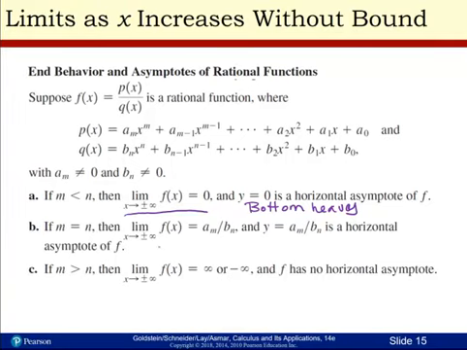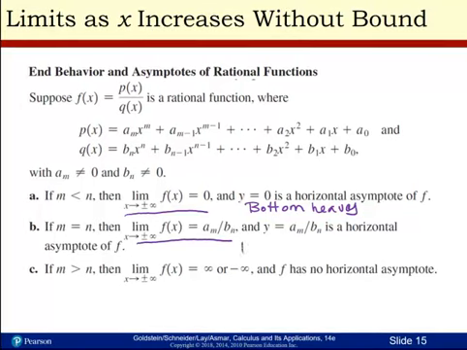I call this an evenly balanced function if the degree in the numerator, m, equals the degree in the denominator, n. Then the limit as x goes to either positive or negative infinity is the ratio of the coefficients.